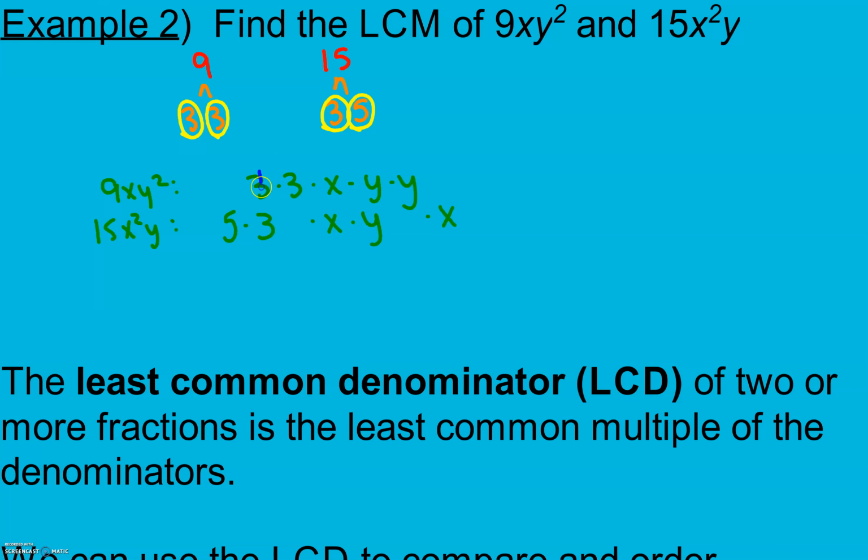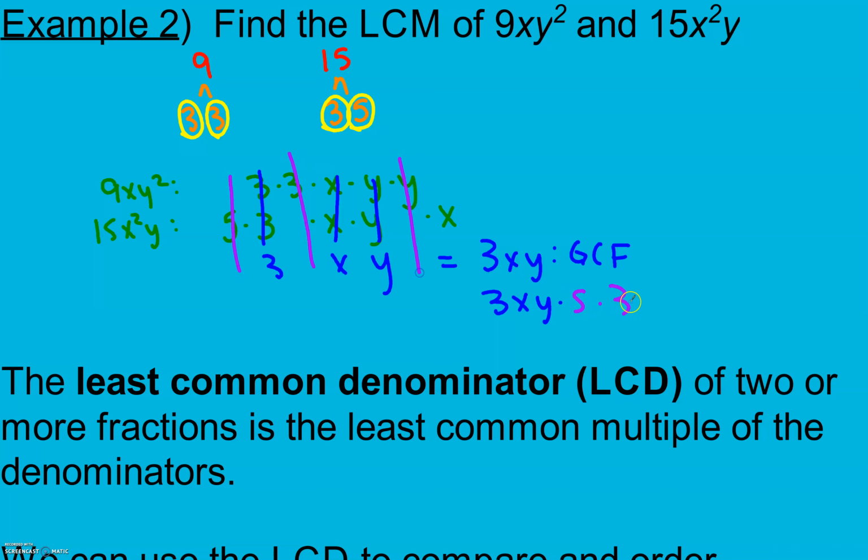So my greatest common factor, 3xy. I take that 3xy and I multiply it by the rest of my columns. 5 times 3 times y times x.